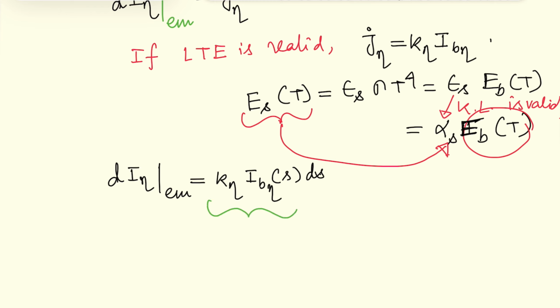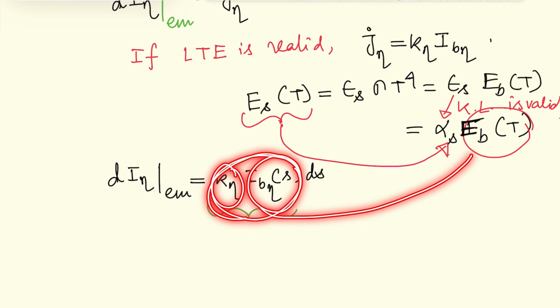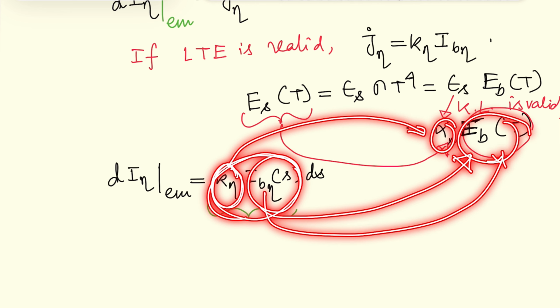This part governs how much emission will happen, and that much emitted energy will be added to the ray. But this emission is the absorption coefficient into the black body intensity at that position. So can you see the analogy between this and this? This k_eta is analogous to alpha_S, and this I_B_eta is analogous to E_B(T).